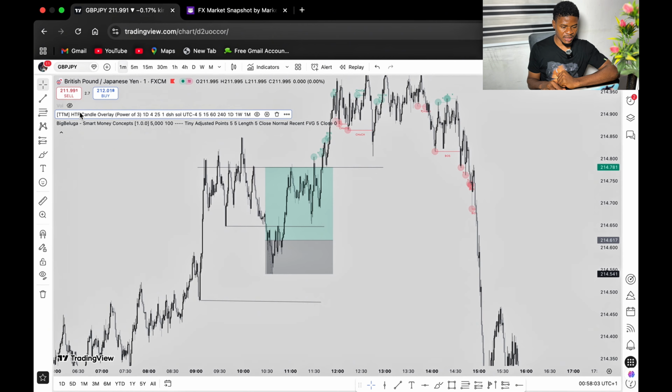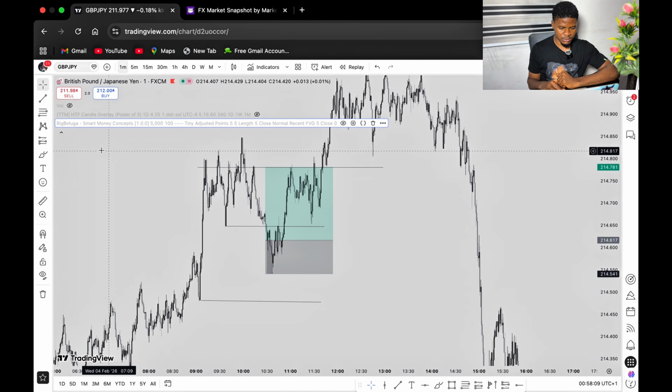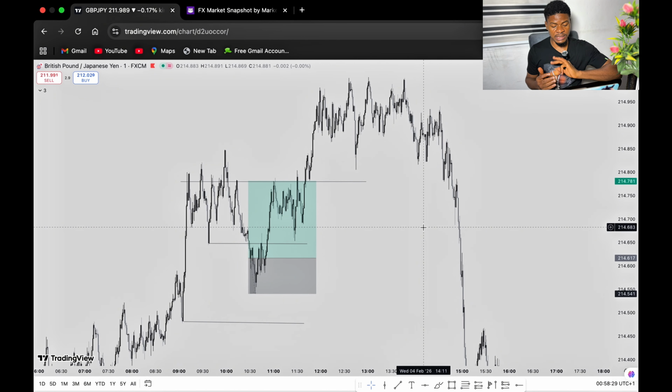Now, like I said, the three most important things that you need: number one, the timing. Number two, the market has to sweep the previous low when it's an uptrend, or the previous high when it's a downtrend.